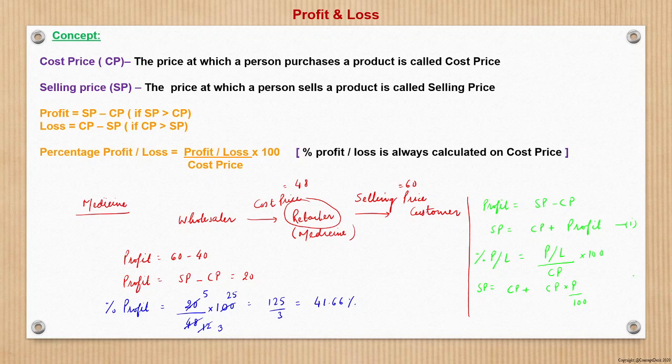Basically this I can write as SP is equal to CP, I take common, 1 plus p, where p is now a small p in fraction form, right? Suppose P is here 41.66%. So this I can also write as 0.4167, right? This small p represents the fractional form. So here we can say that SP is equal to CP into 1 plus p. This further can be written as SP upon CP is nothing but 1 plus p, right?